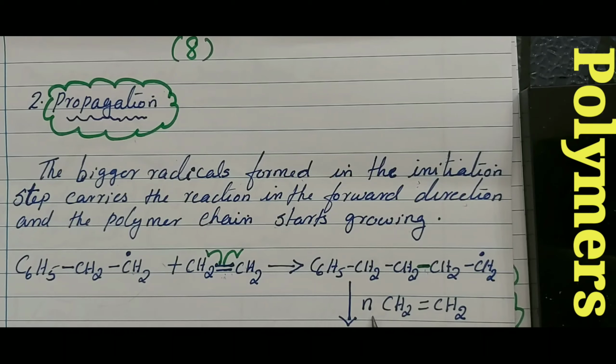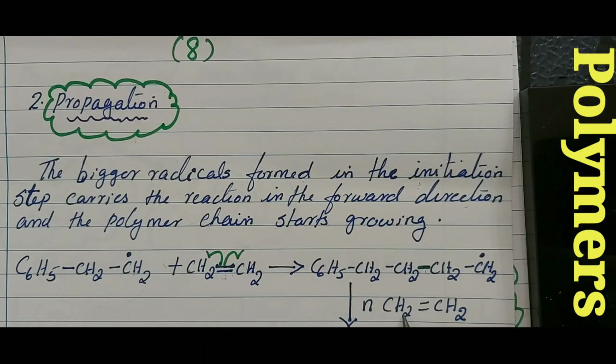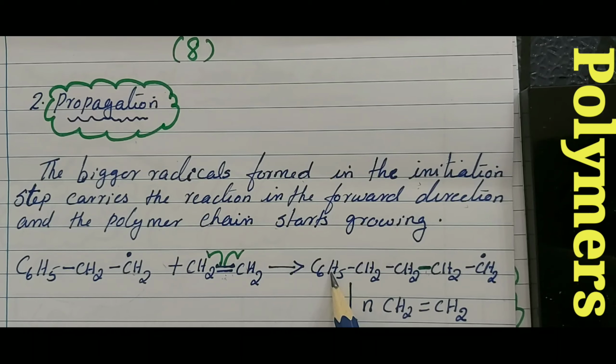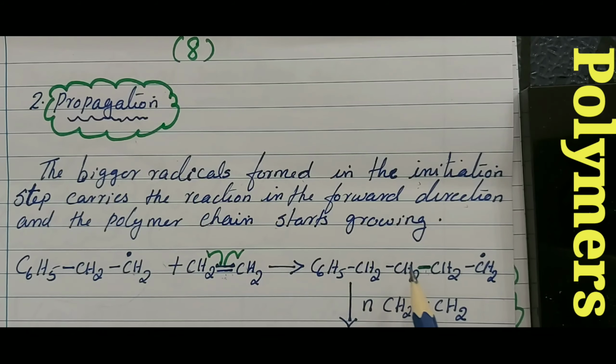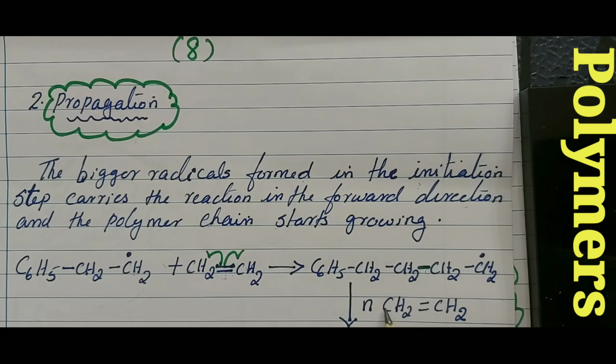Now you see further, n number of moles. We don't know the number. It will be a large value. N number of CH2 double bond CH2 is added. So you can see here C6H5, CH2, CH2 and n molecules of CH2 double bond CH2.